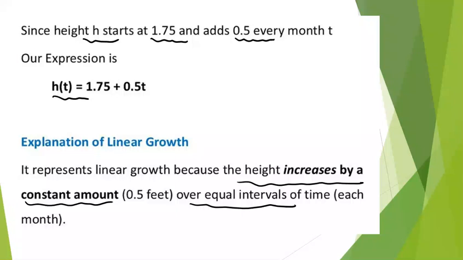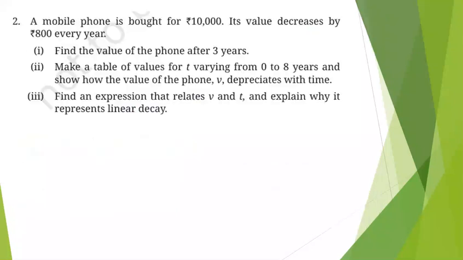Now we can move to the second question. The second question states that a mobile phone is bought for 10,000 and its value decreases by 800 every year. Find the value of the phone after 3 years. Make a table of values for t varying from 0 to 8 years and show how the value of the phone will depreciate with time.